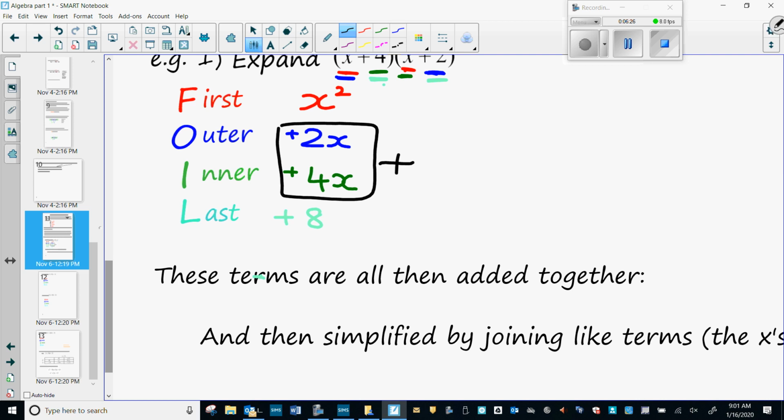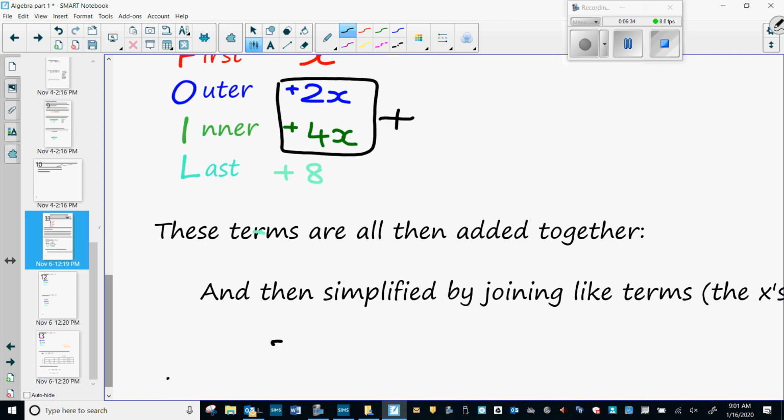So that's why I've been putting my positives or negatives if they were going to be negative. So I've got x squared, there's nothing that joins with that, so that's just going to be there on its own. We've got positive 2x and positive 4x, that joins together to make 6x. So I've got positive 6x, and then I have my positive 8.